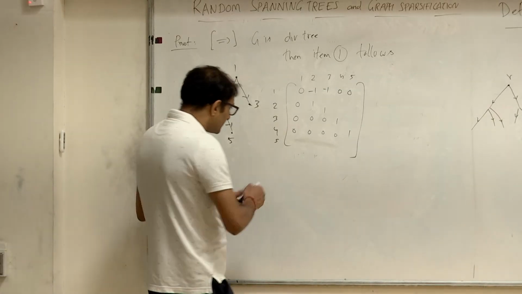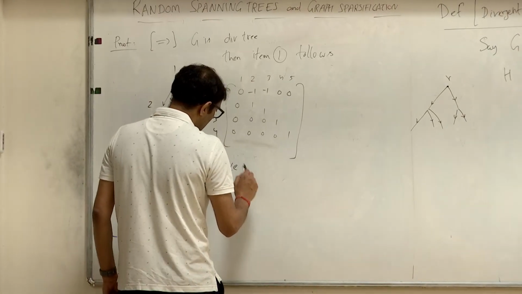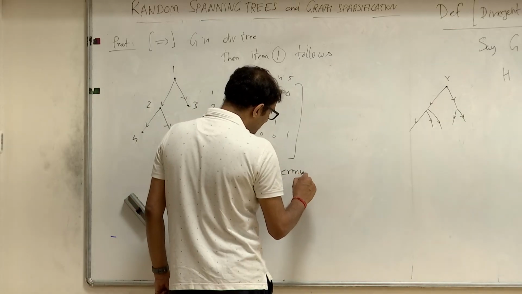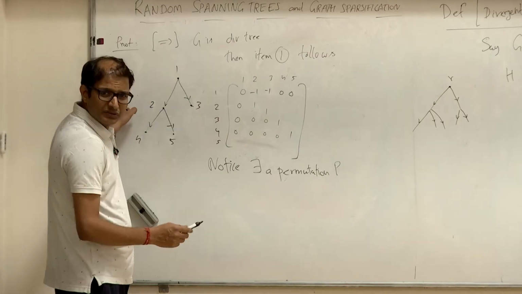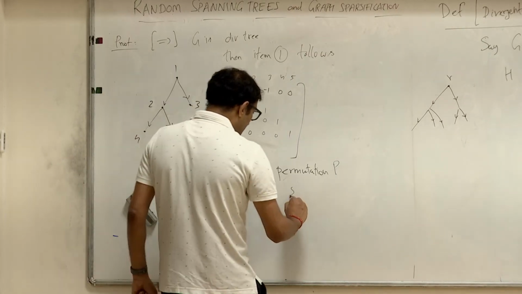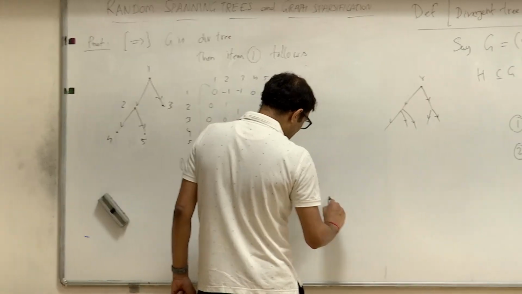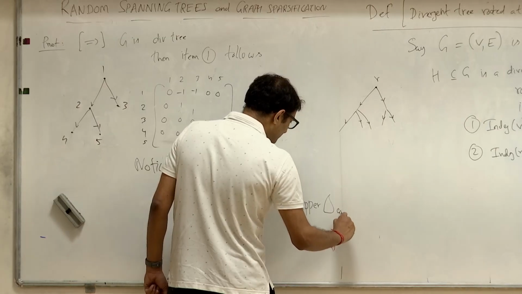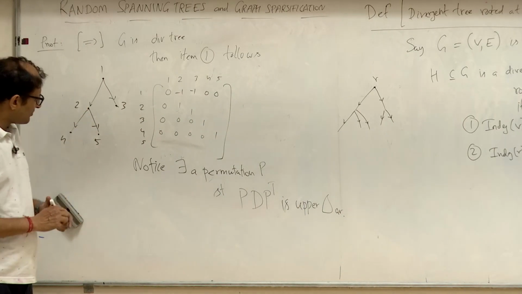The observation so far is that there exists a permutation P, which corresponds to this BFS permutation, such that PDP transposed is upper triangular. So I managed to find a permutation which put this matrix in upper triangular form.